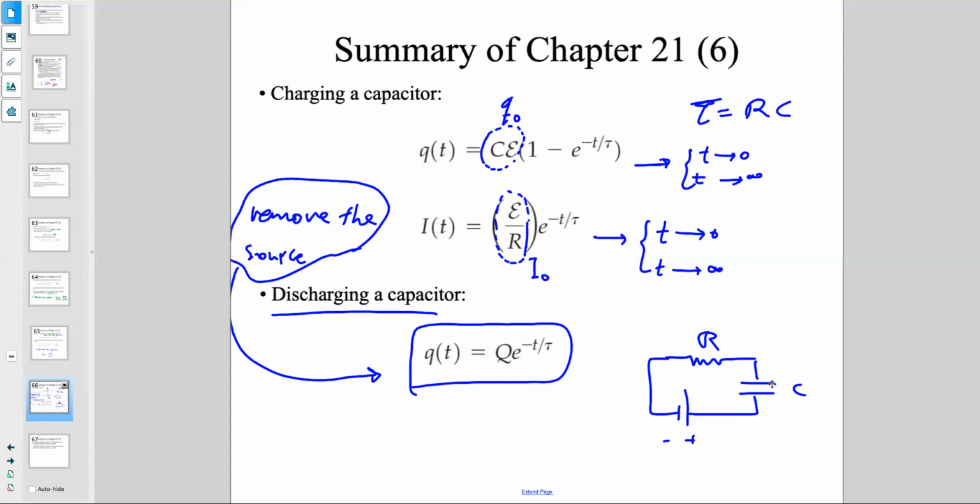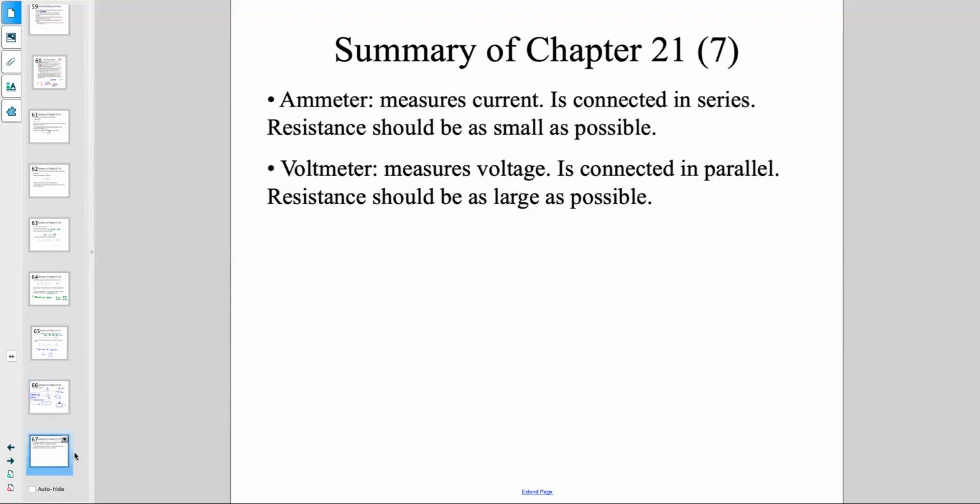Your capacitor does not let any charge go through. And at the beginning, you have almost no charge in your capacitor, but as time goes by, you will have a fully charged capacitor.